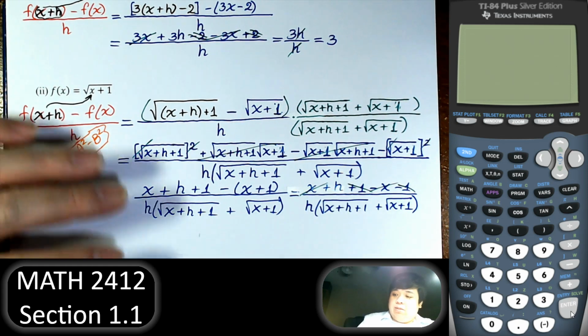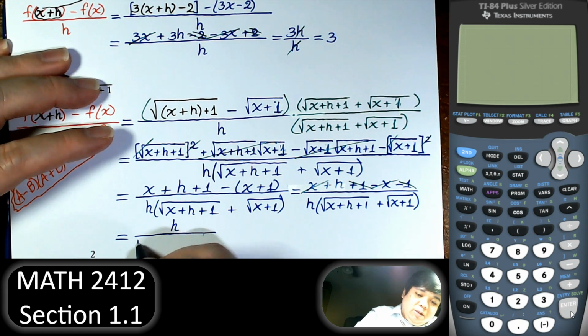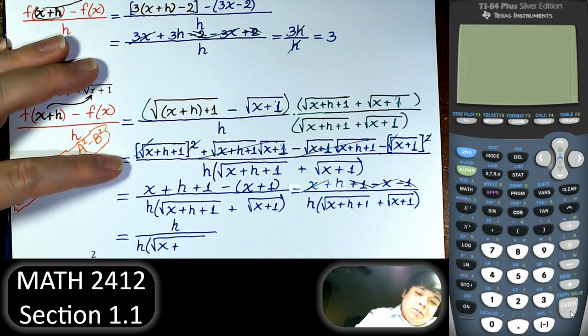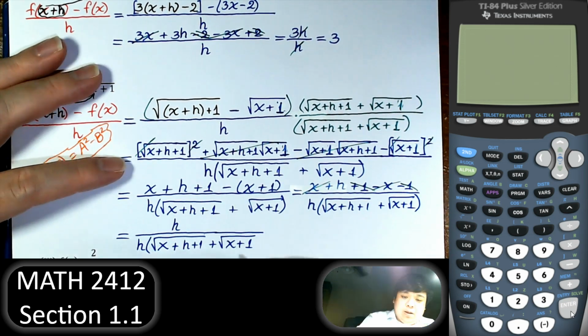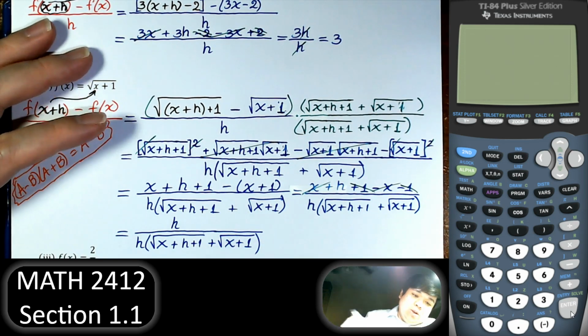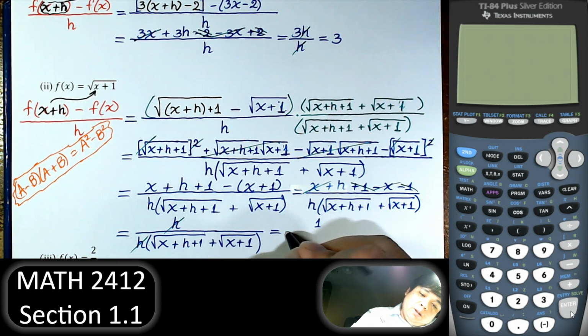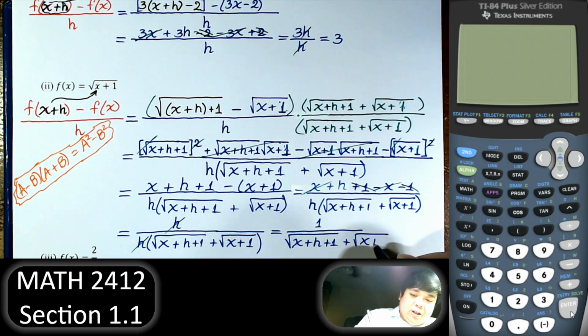We just have h on the top. The bottom is h, and then we cancel the h. So we just have 1 over the square root of x plus h plus 1 plus the square root of x plus 1.